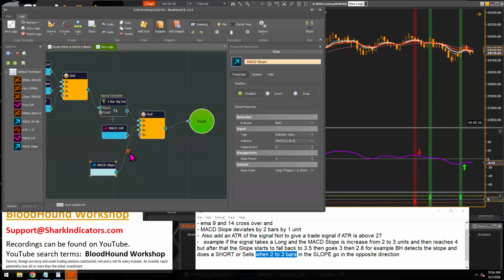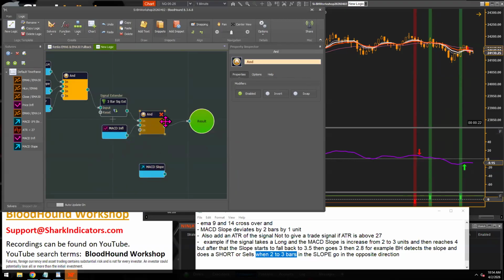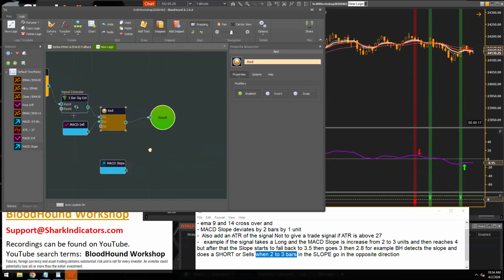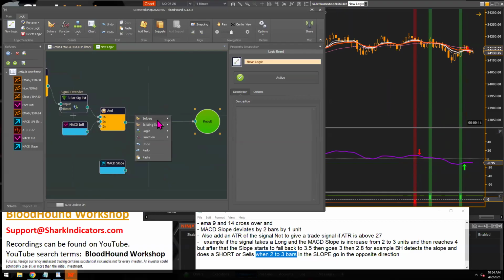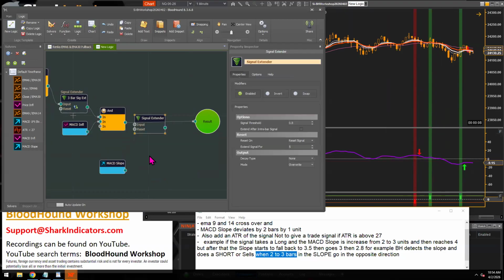And so now I'm going to take these signals here, these reversal signals, and extend them out by 2 bars. All right, so yeah, let's take a signal extender.